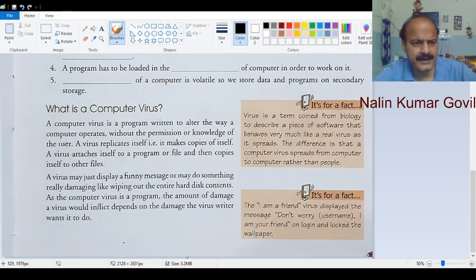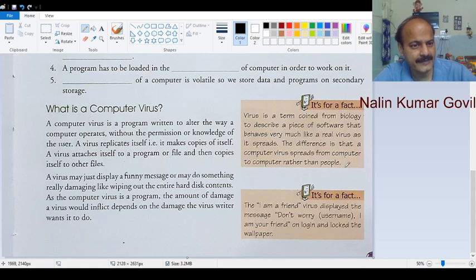A computer virus is a program written to alter the way a computer operates without the permission or the knowledge of the user. A virus replicates itself. That is, it makes copies of itself. A virus attaches itself to a program or file and then copies itself to other files.